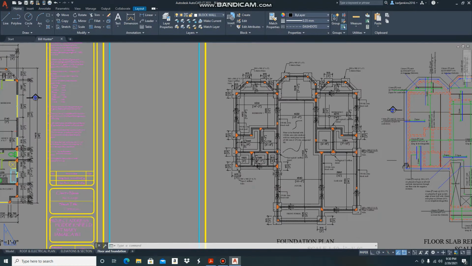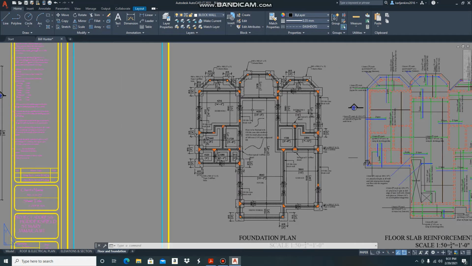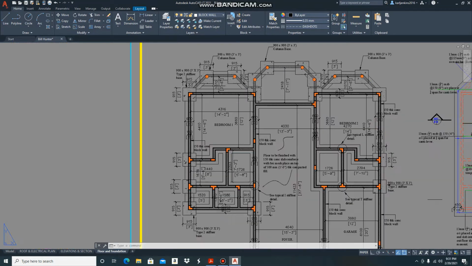Okay? So a point to note, and I hope you're seeing my cursor here. Let me say this again. Your foundation plan must be read in conjunction with your foundation details, in particular your footing details.